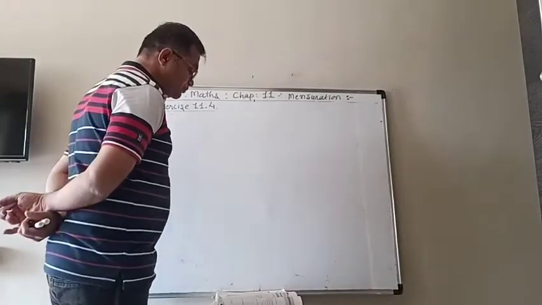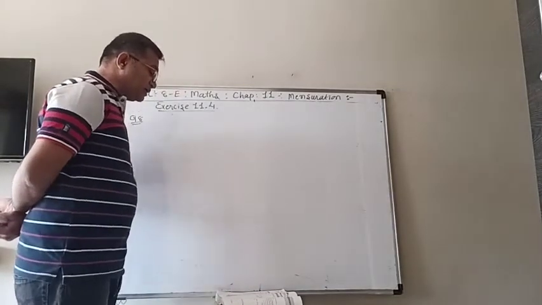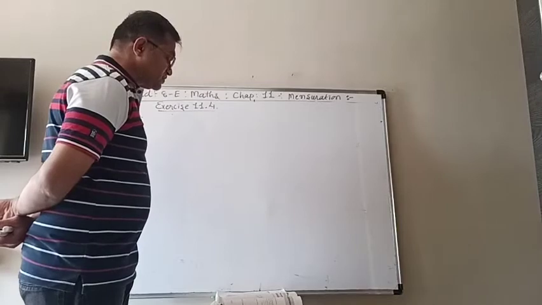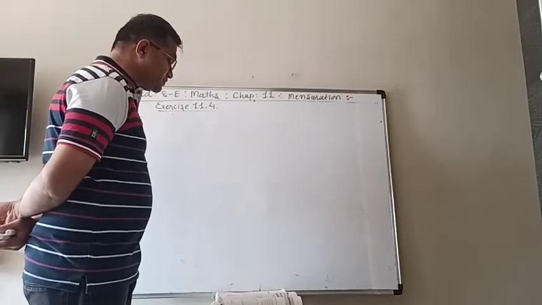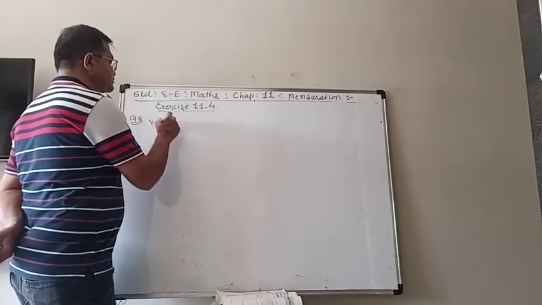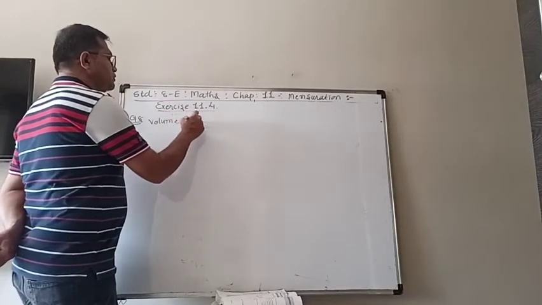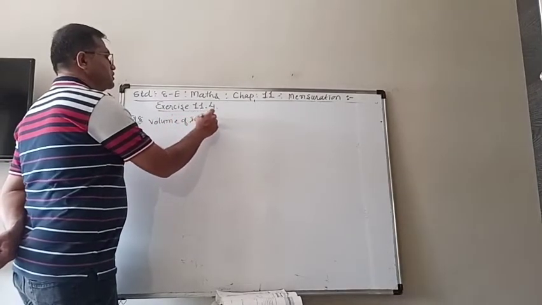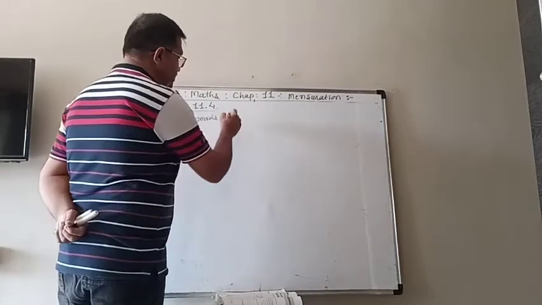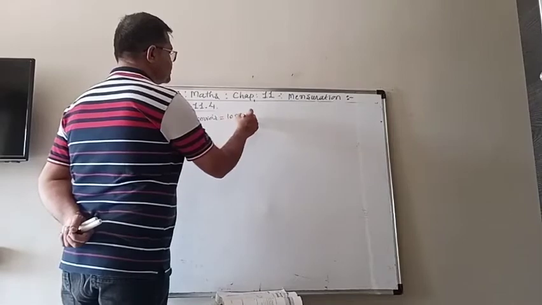Water is pouring into a cuboidal reservoir at the rate of 60 liters per minute. Now volume of the reservoir is given. Volume of reservoir is given as 108 meter cube.